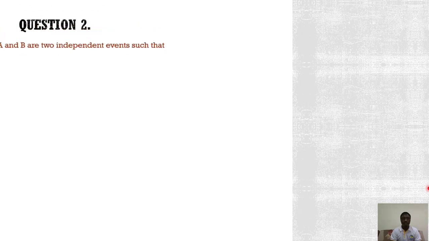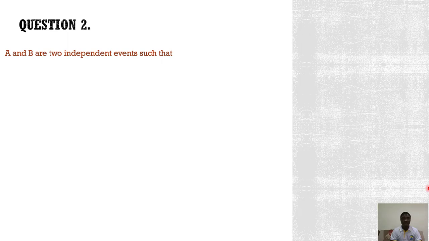Now let's look at our second example. Question 2 goes with this. A and B are two independent events such that probability of A is equal to 3/7 and probability of A intersection B is equal to 2/5.